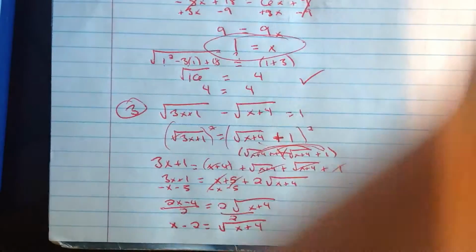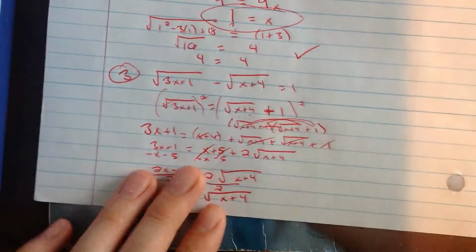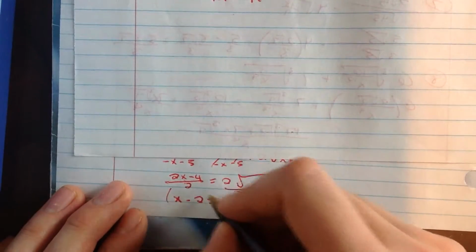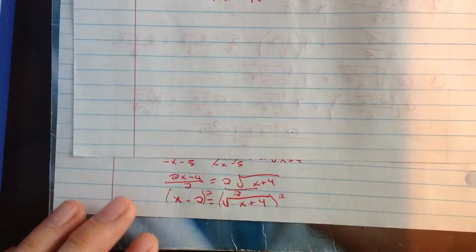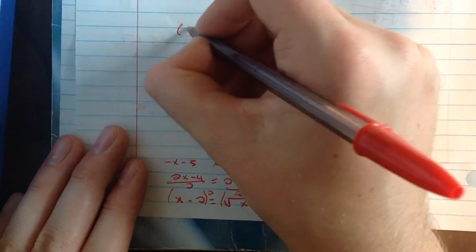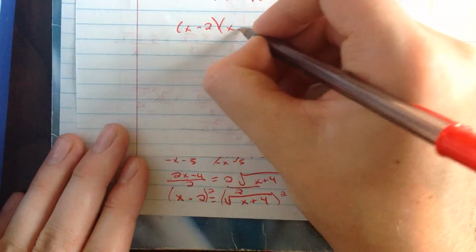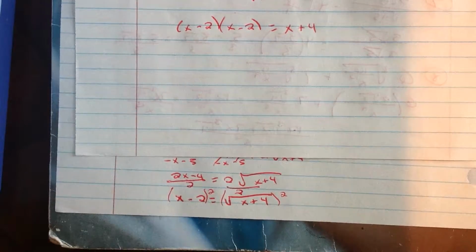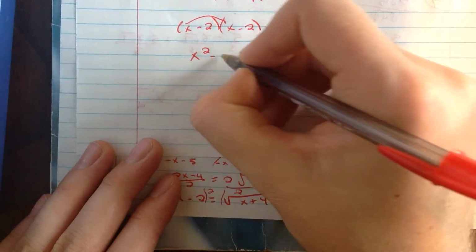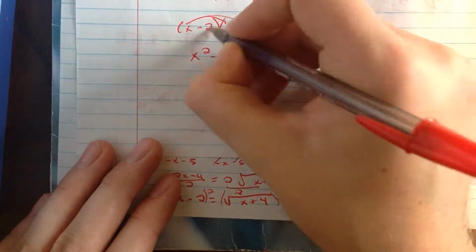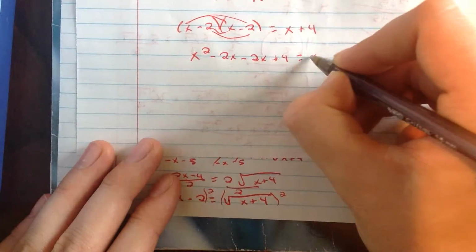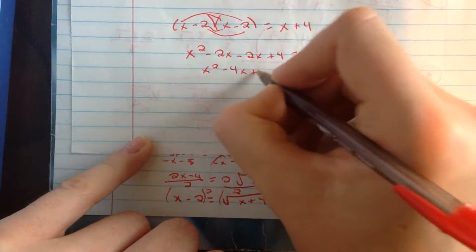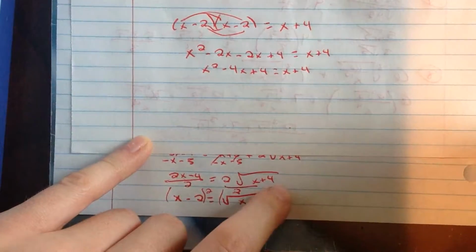So now, taking this one step further, we have to square both sides again once we have that second square root by itself. So in other words, I have x minus 2 times x minus 2 equals x plus 4, because the square root and the squared cancel each other out. x squared minus 2x minus 2x plus 4. x squared minus 4x plus 4 equals x plus 4.